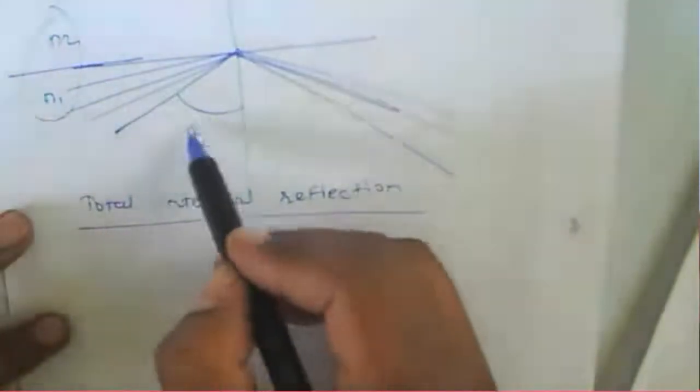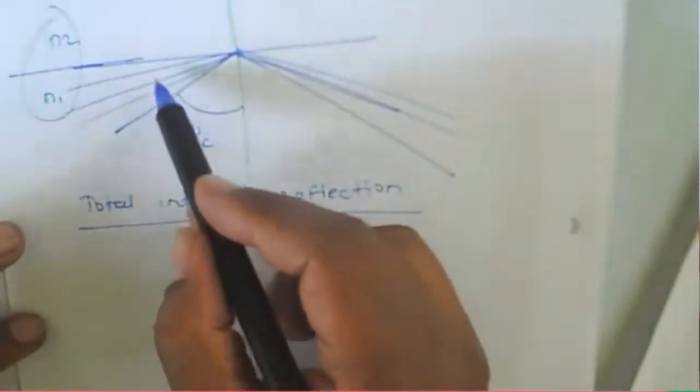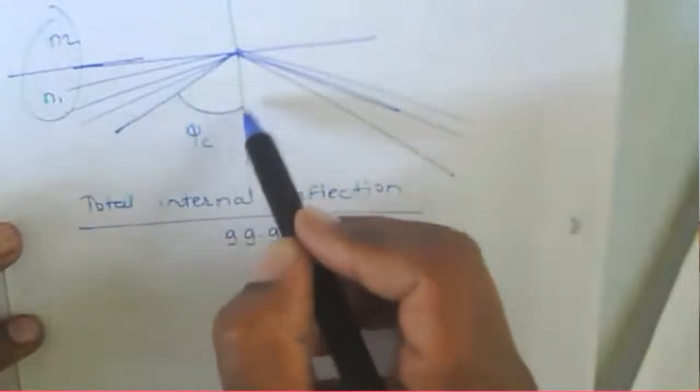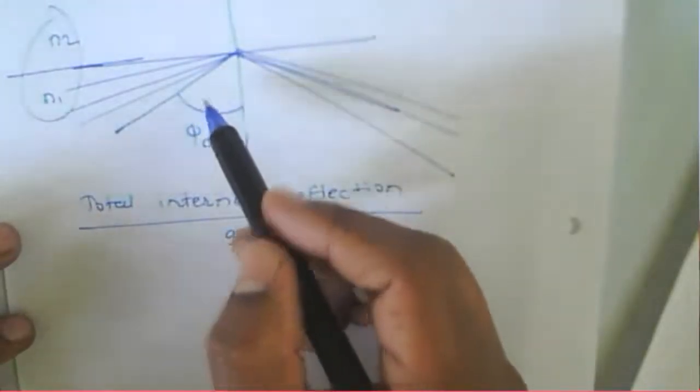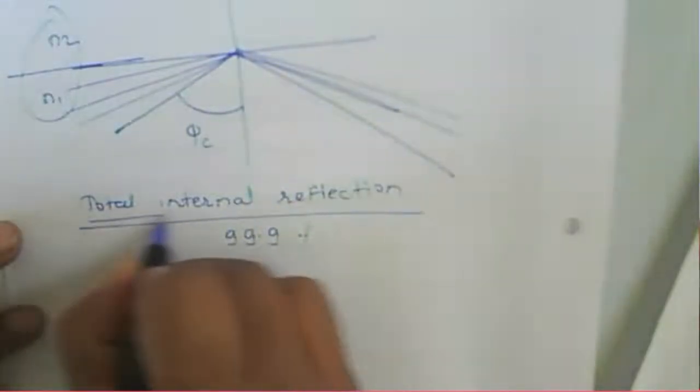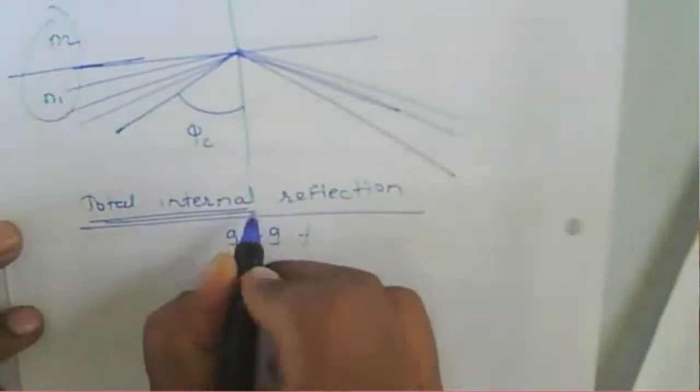Even if there is a difference in the refractive index, total reflection occurs when the incident light is beyond the critical angle value. Then we get total internal reflection.